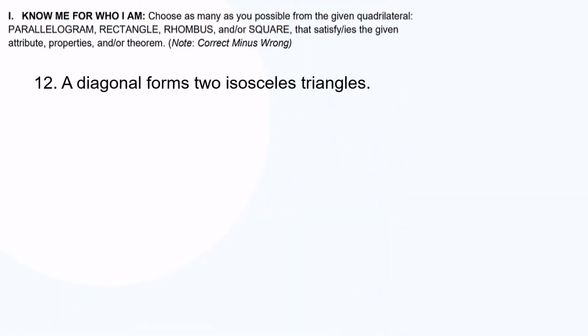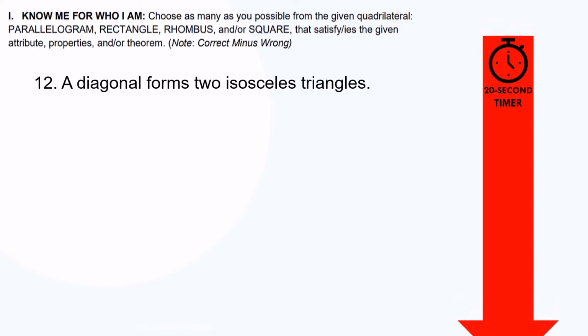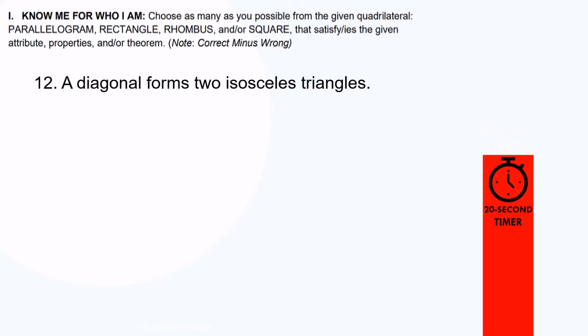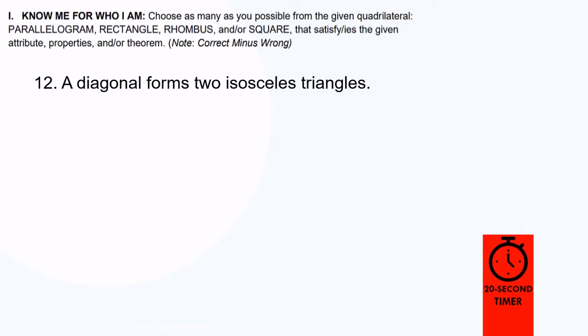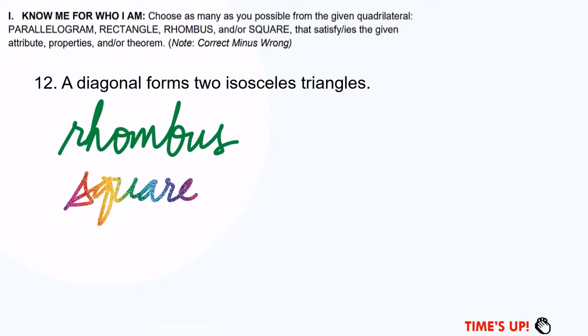Number 12. A diagonal forms two isosceles triangles. Your timer starts now. Correct answer, rhombus and square.